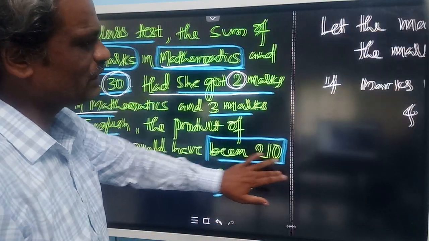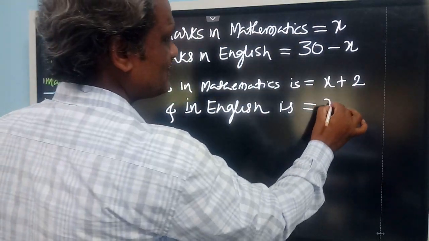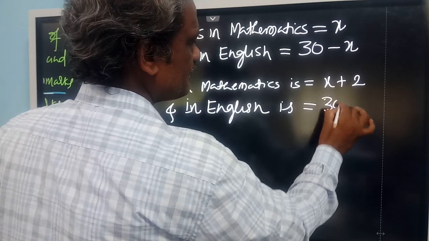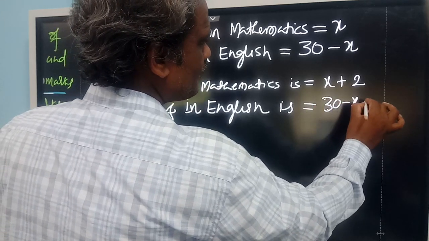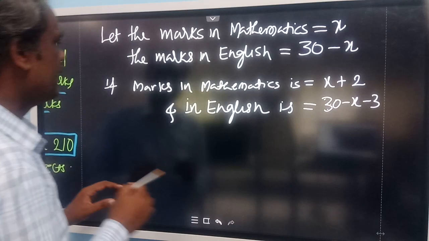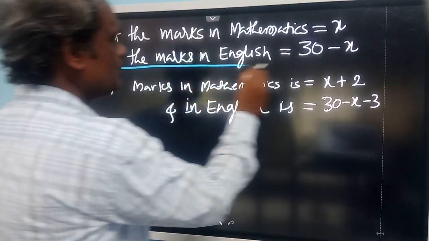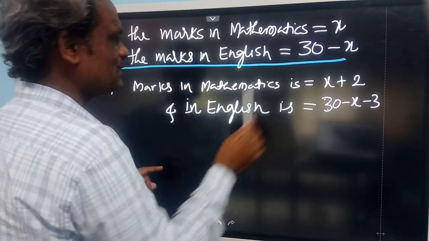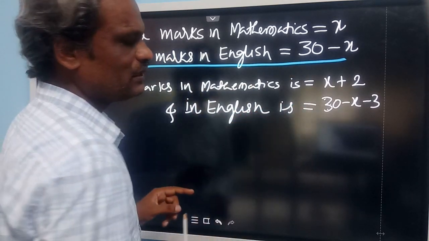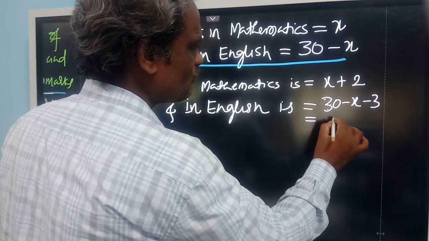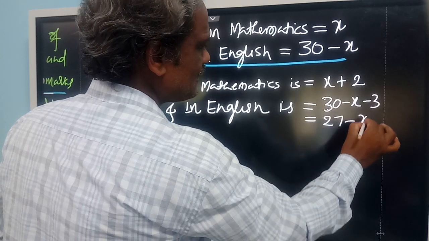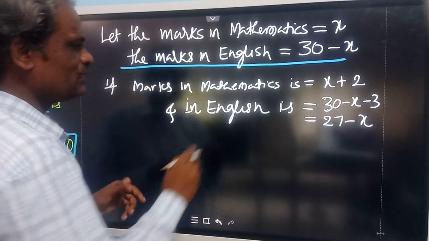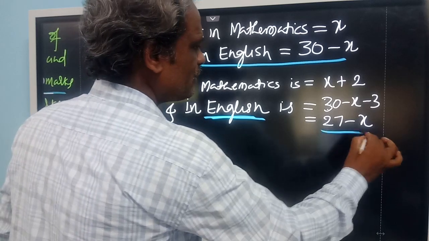Had she taken 3 marks less in English, our marks in English will become 27 minus x. So this is the new marks, 27 minus x.